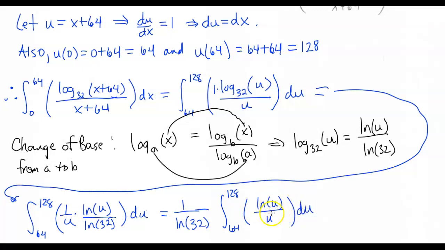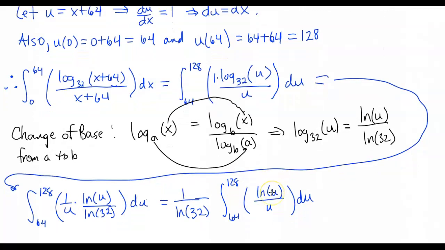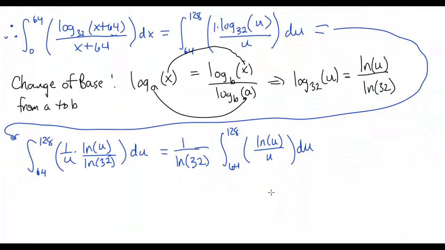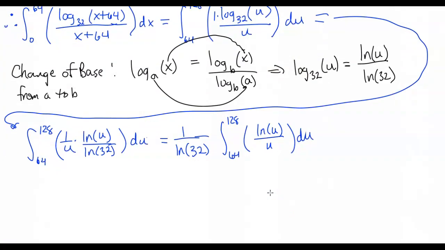And again, we know how to deal with this. We know that if we let natural log of u be some other variable, then the derivative of that will just be 1 over u. And of course, from there, we know that the substitution rule can be used.